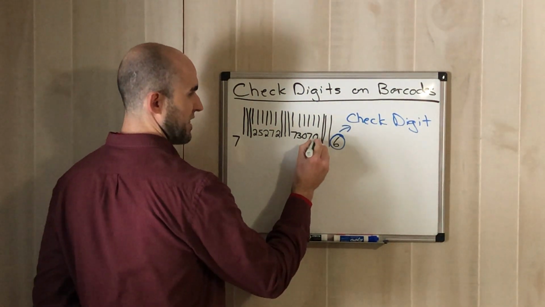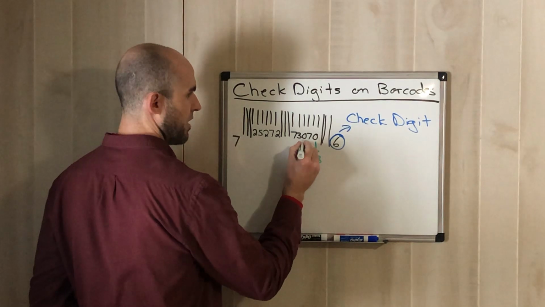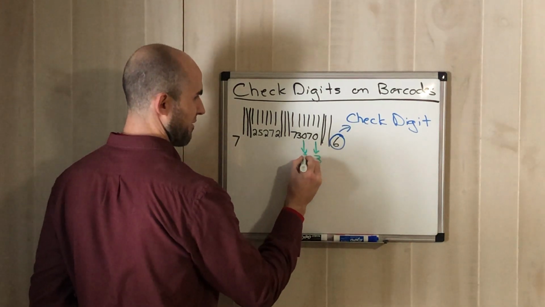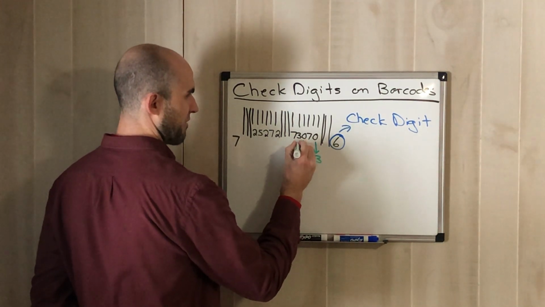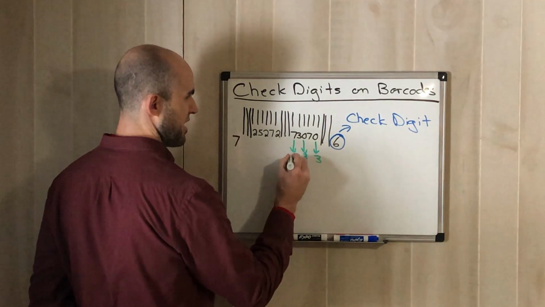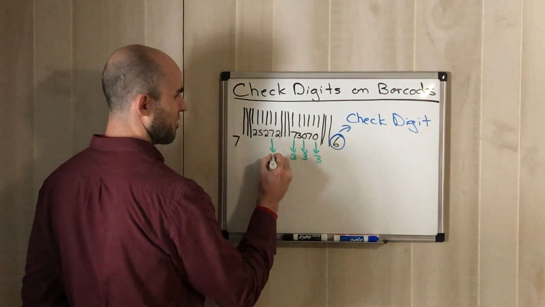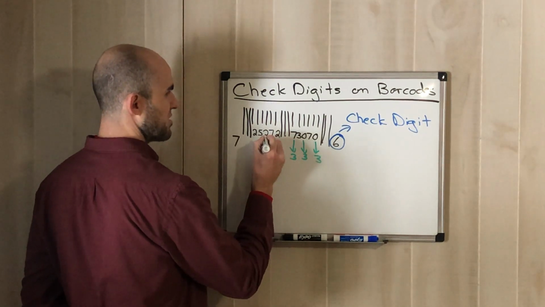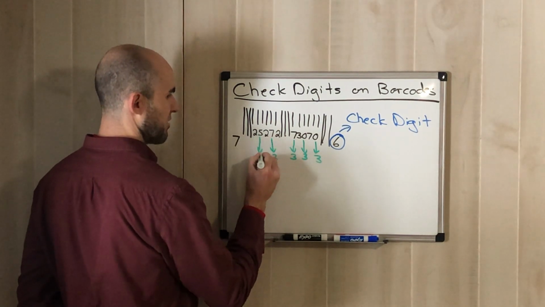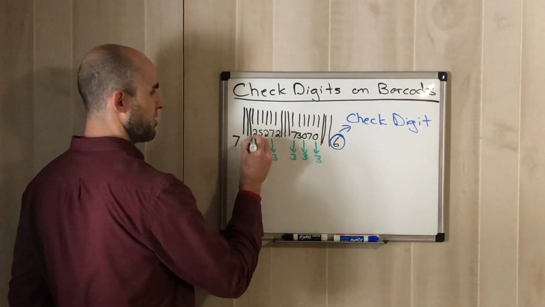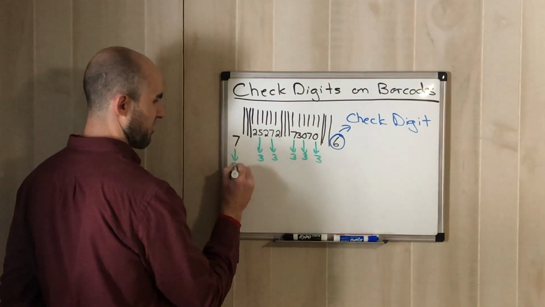So we multiply this by 3, skip the 7, multiply the next number by 3, skip the 3, multiply the next number by 3, skip the 2, multiply this number by 3, skip this 2, multiply this next number by 3, skip this 2, multiply this number by 3.